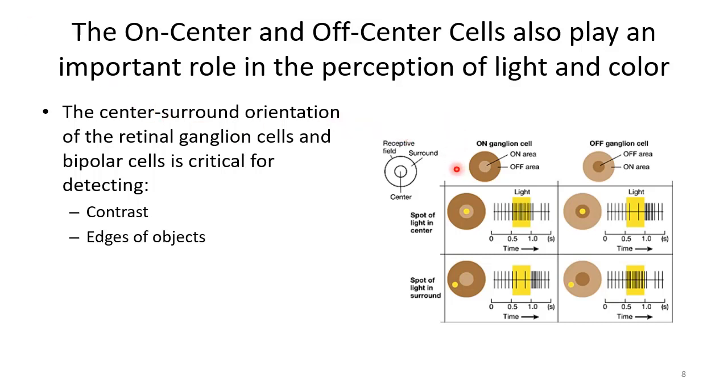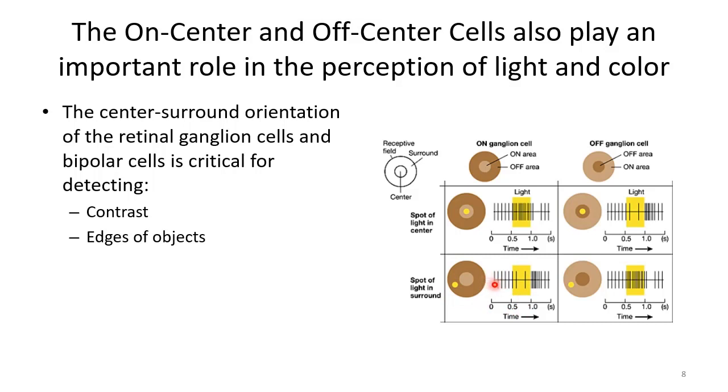So looking quickly back at these on-center ganglion cells, they have the highest rate of firing when they have light precisely in the center of their receptive field. And you can see this here. However, there's kind of a second thing that can happen, whereas if they have light in what we call the surround area or the peripheral component of their receptive field, then they're inhibited.